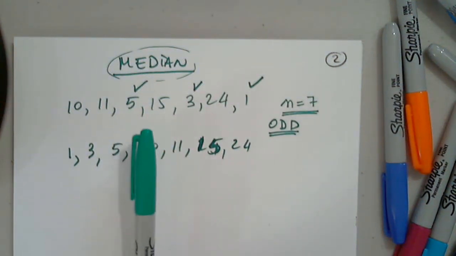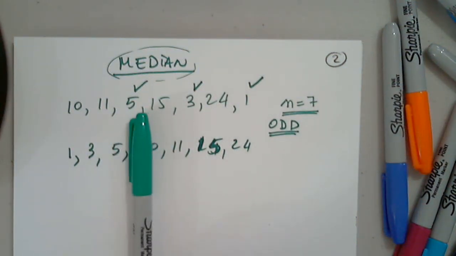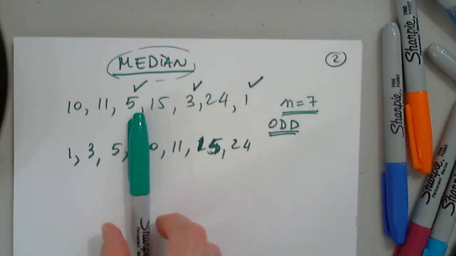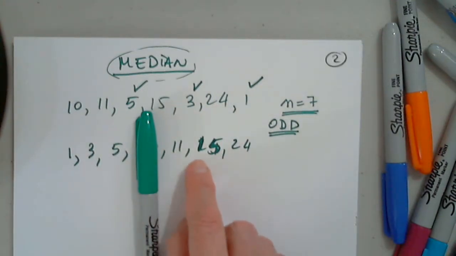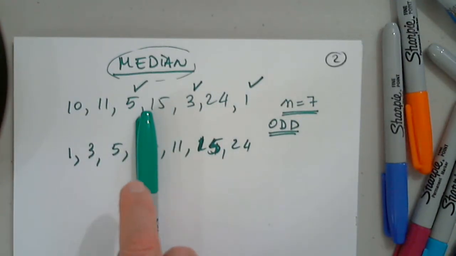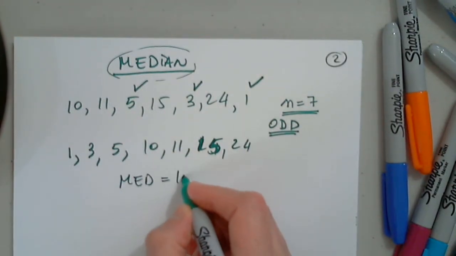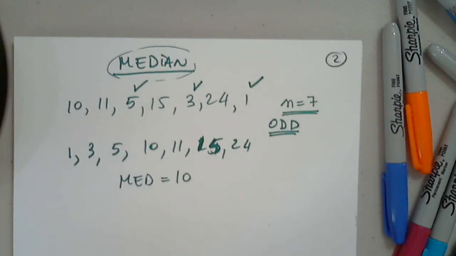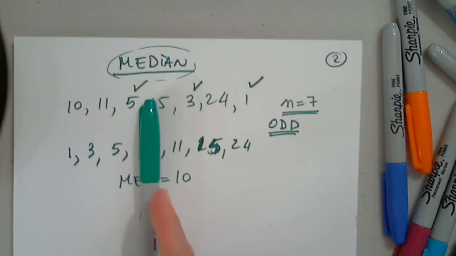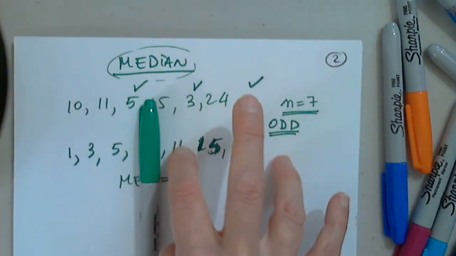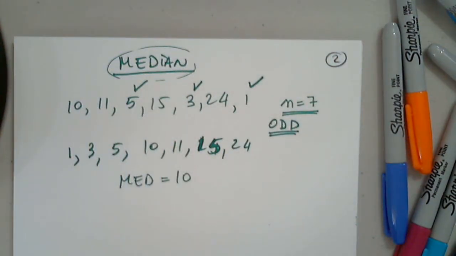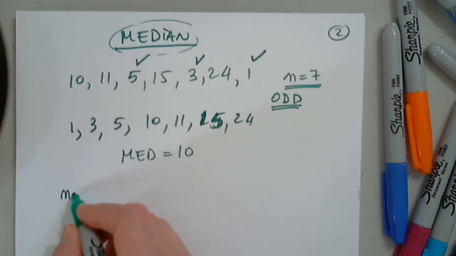The median is right in the middle. As you see, I have 3 observations on the left of the median and 3 on the right. So the median here is 10. What does the median say to us? It says that 50% of the observations are smaller, and 50% are higher. Now, give me another example in which n is even.